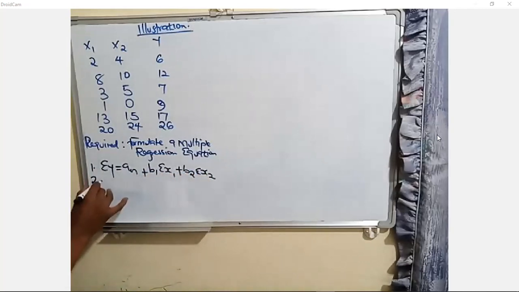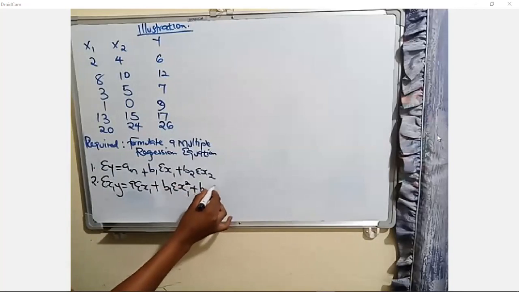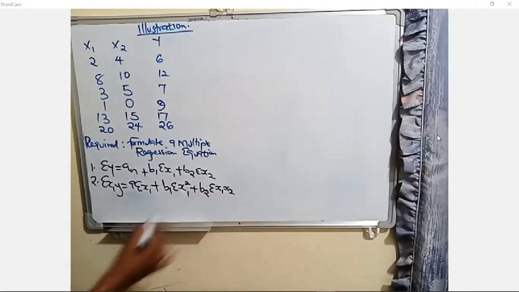Equation 2: the summation of x1y equals a the summation of x1 plus b1 the summation of x1 squared plus b2 the summation of x1x2.